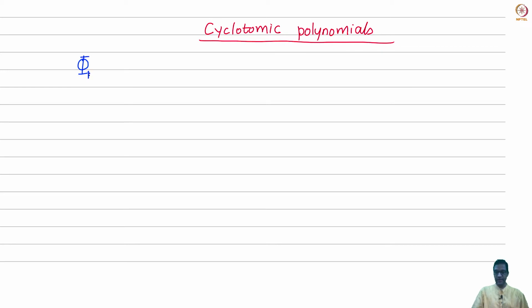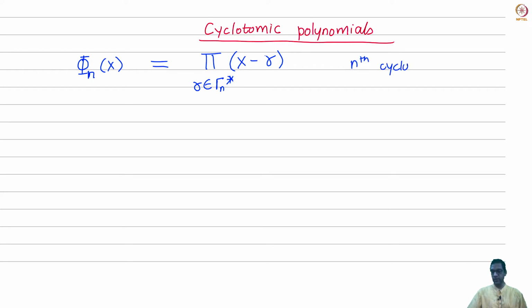If I take capital Phi_n(x) to be the product of the primitive nth roots of unity, look back on the last lecture for the notation, these primitive ones are Gamma_n star. We call this the nth cyclotomic polynomial. What we have shown so far is that this is a monic polynomial with coefficients in Z.